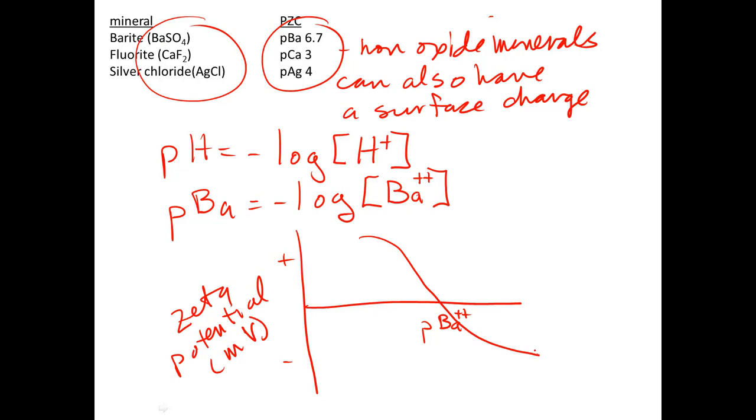It'll develop an inverted S-shaped curve very similar to what we just saw for oxide minerals. So in this case, the pBa, or the minus log concentration of barium ion, would have a PZC of 6.7.